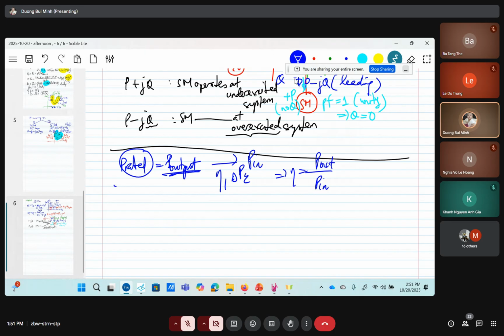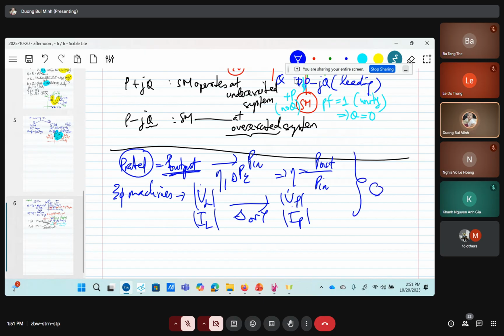And if they give us a three-phase machine, the voltage must be line voltage, and the current they give us is line current. So depending on delta connection or Y connection, you can get V phase and I phase. Please remember this very important information.